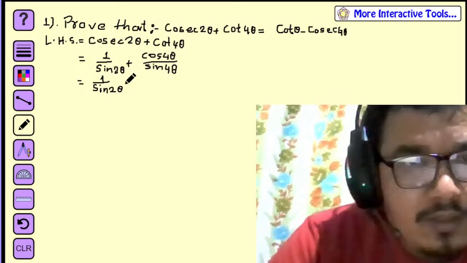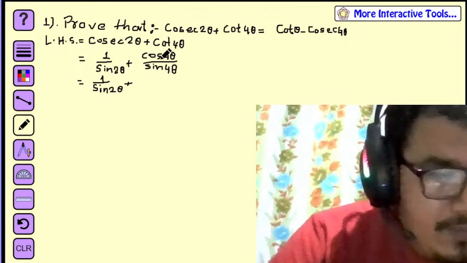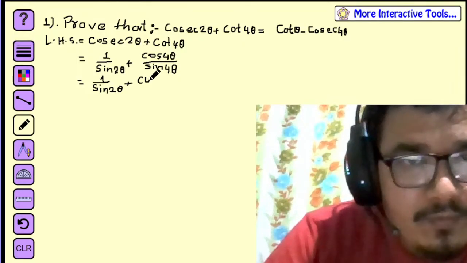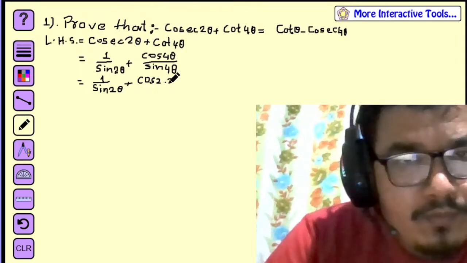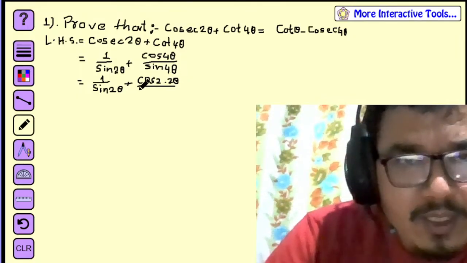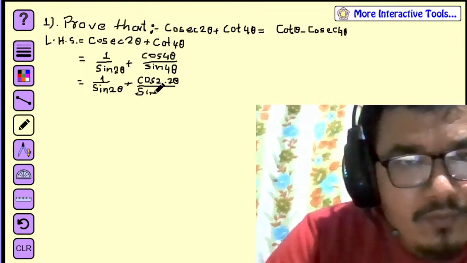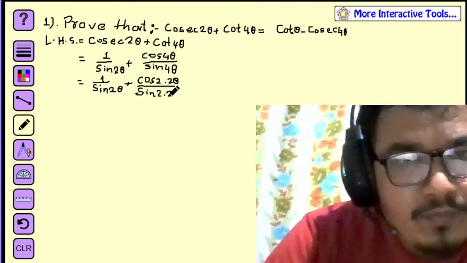Right, like this, and plus, and here is given cos 4 theta, and this cos 4 theta also we can convert like this, look here: cos 2 into 2 theta, divided by sine 4 theta, which we can write as sine 2 into 2 theta.